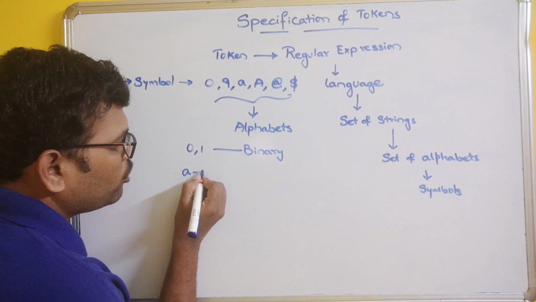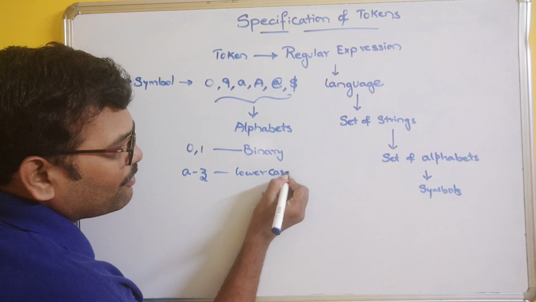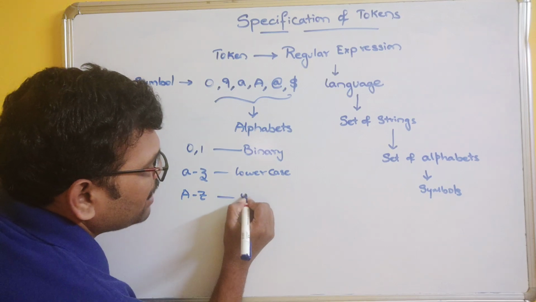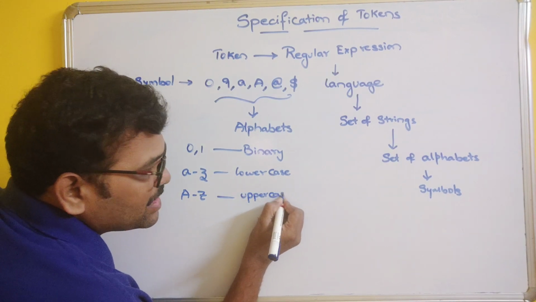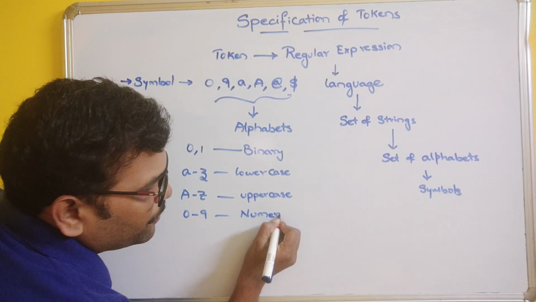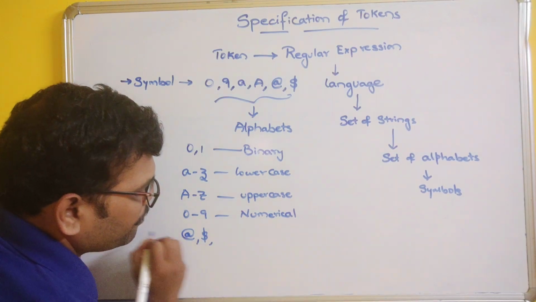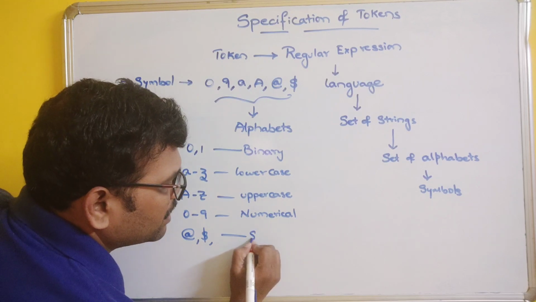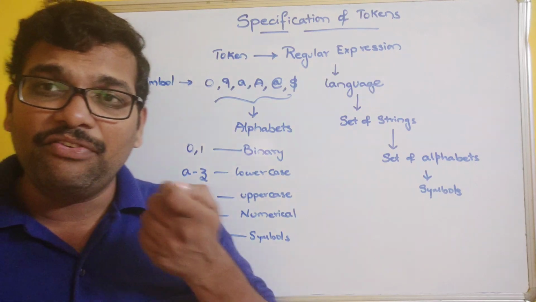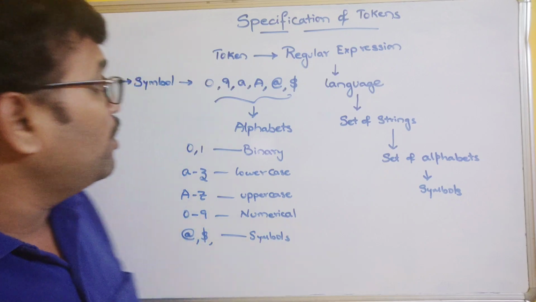Small a to z are the lowercase alphabets. Similarly, capital A to capital Z are the uppercase alphabets. 0 to 9 are the numerical alphabets. Similarly, at the rate, dollar are special symbols, right? All these come under alphabets. An individual symbol, a single symbol, we call an alphabet.